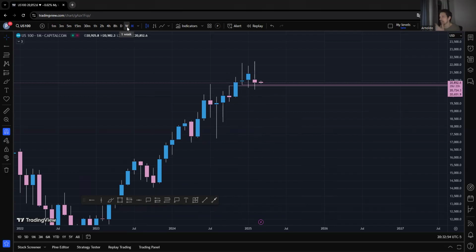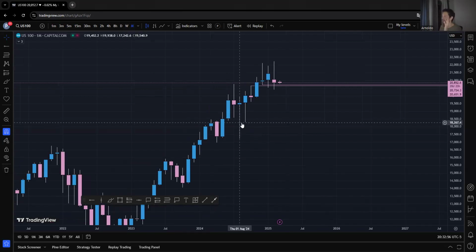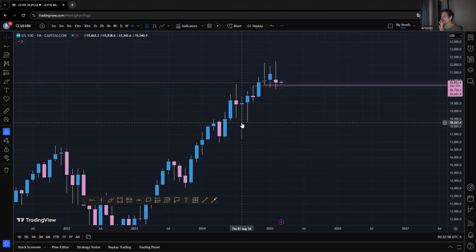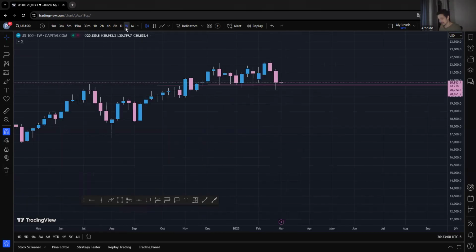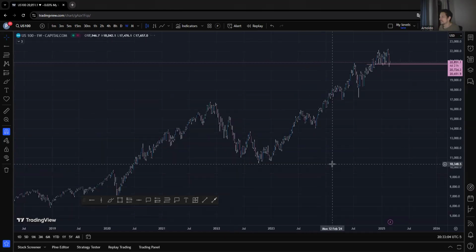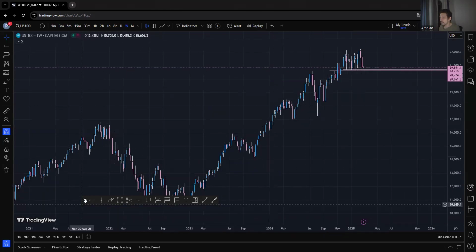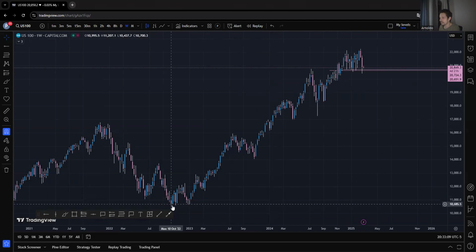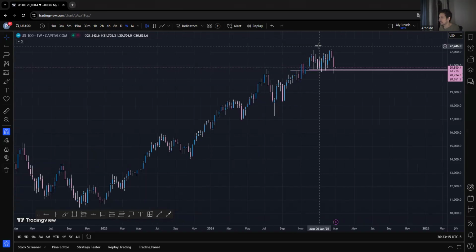So once we've analyzed our monthly chart, we're going to drop down to a weekly chart, right? So here we have a weekly chart. As you can see, we've had a really nice long run here since October 2022. We've had a really nice bull run, and then we started consolidating here.